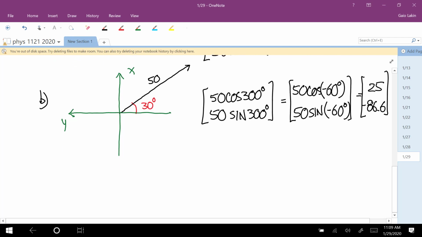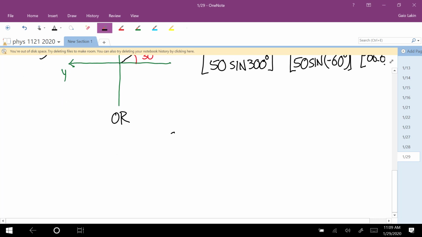So you can also think of it as, draw the right triangle. You're given that this angle is 30 degrees. The length is 50.